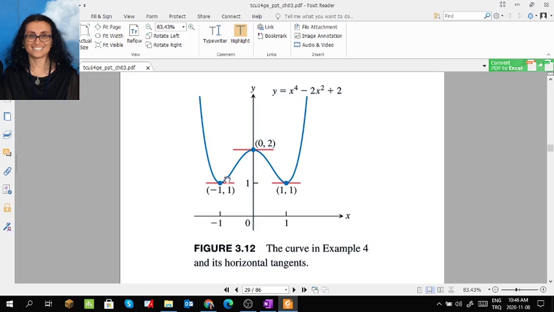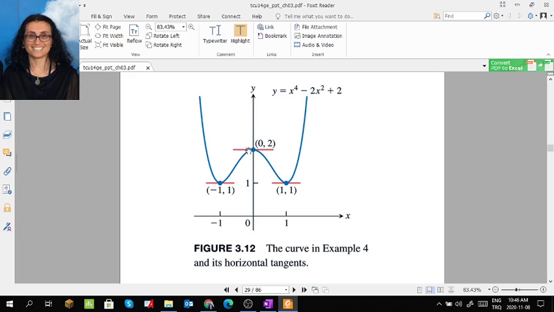So when we have this type of local minimum value situation here, we have the horizontal tangent line because the derivative is 0. Here we have a local max. Locally at x is equal to 0, the value of the function is 2, and if you look sideways to the right and to the left, the values are all less than 2. Okay, this is the local maximum value of this function, which is 2 at 0.